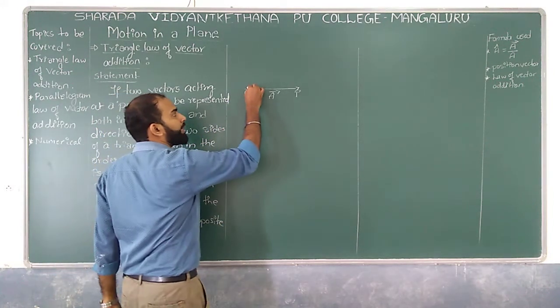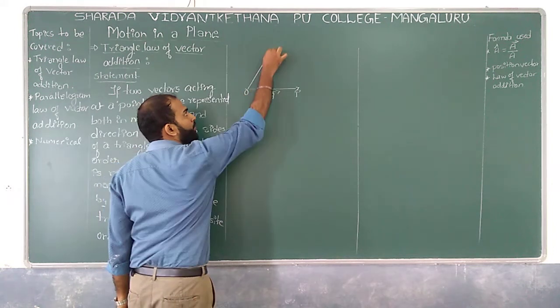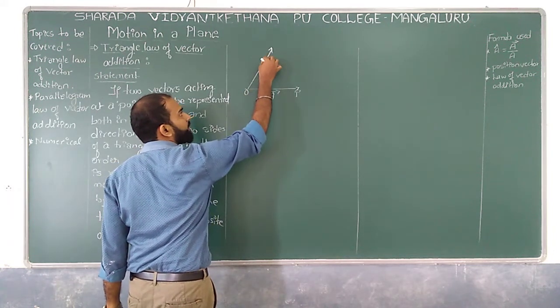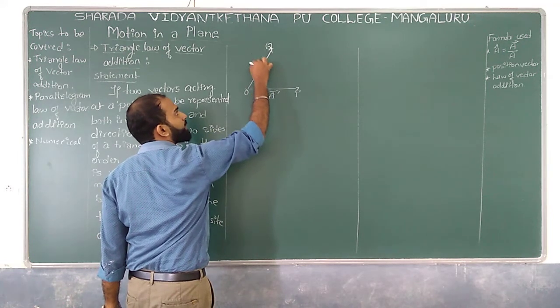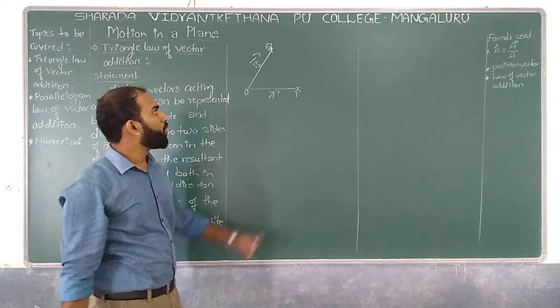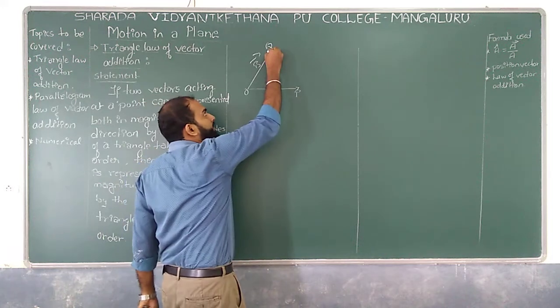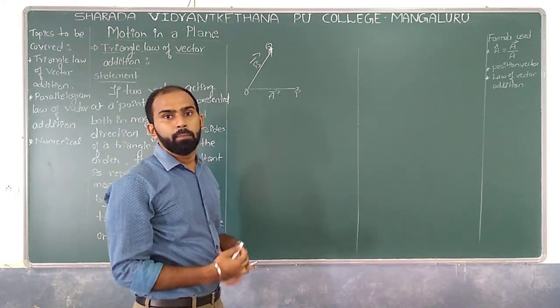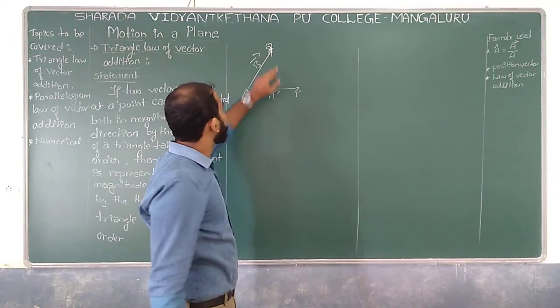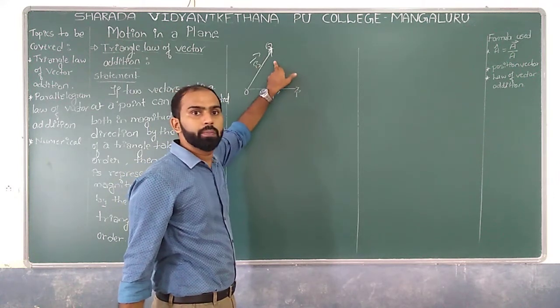Now at the same time, one more vector I can have, that is OQ, the B vector. Now with the direction somewhat like this, do you think I can take a resultant vector from here to here?